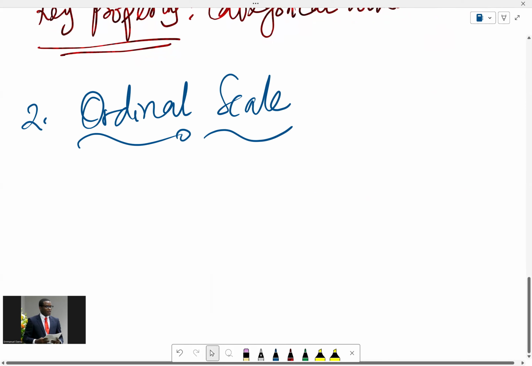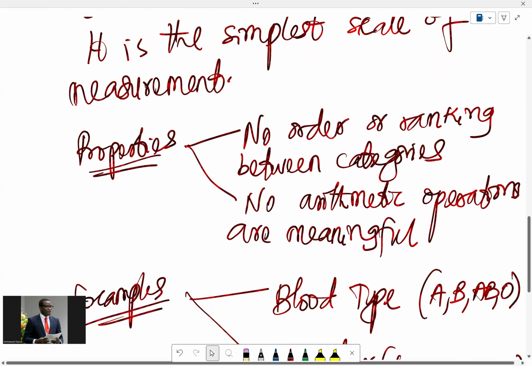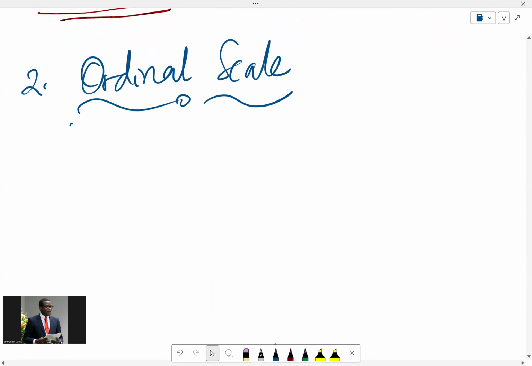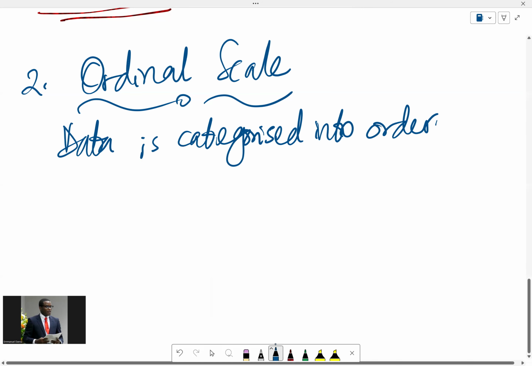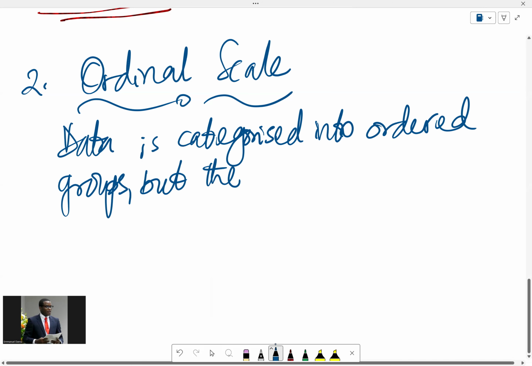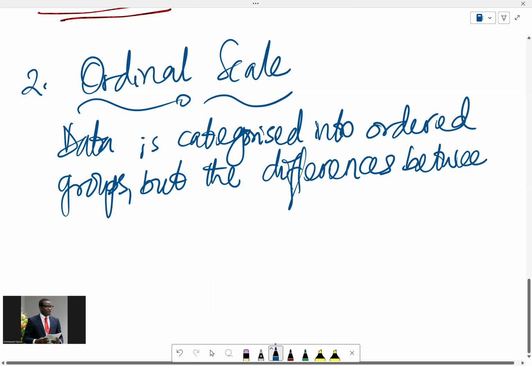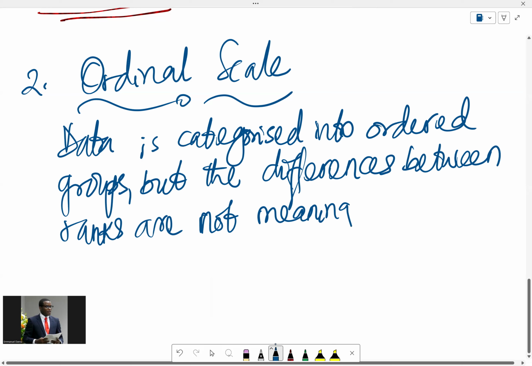The definition is this: in ordinal scale, data is categorized into ordered groups, but the differences between ranks are not meaningful or consistent. That is ordinal.